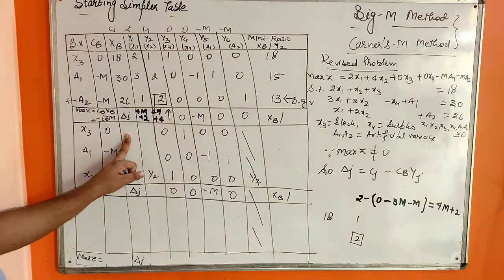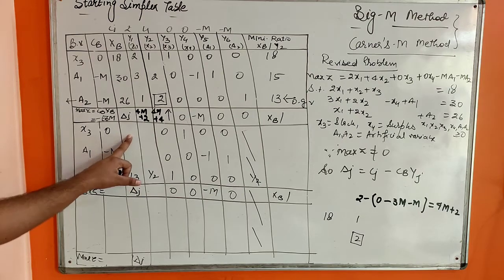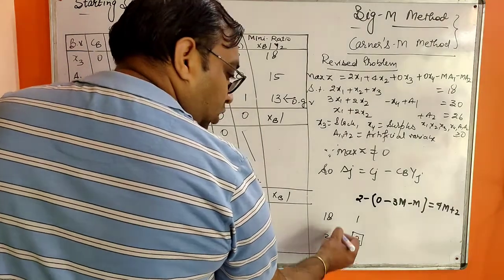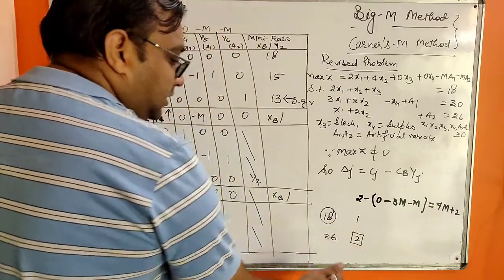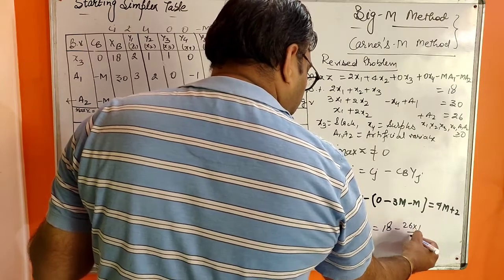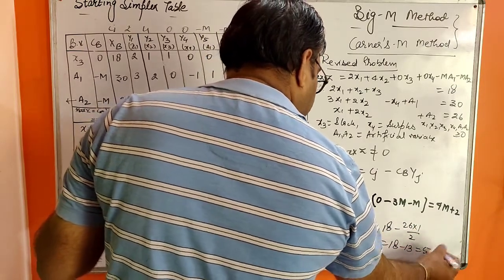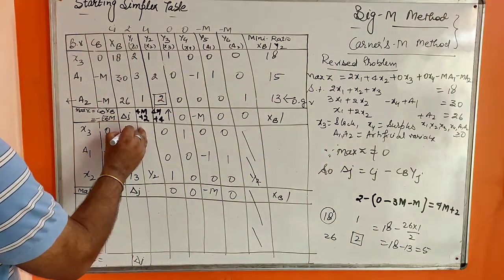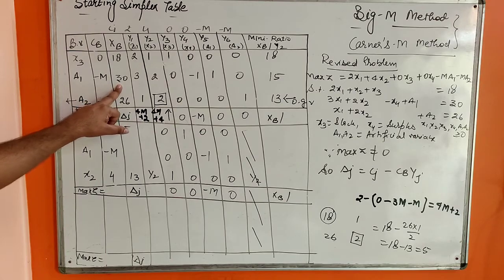And what is in front of this key element in the column where we have to find the value? 26. These are the diagonal elements and this is the key element. So 18 minus 26 into 1 upon 2, that is 18 minus 13, that is 5. So this is 5. Similarly, now we have to find this 30.